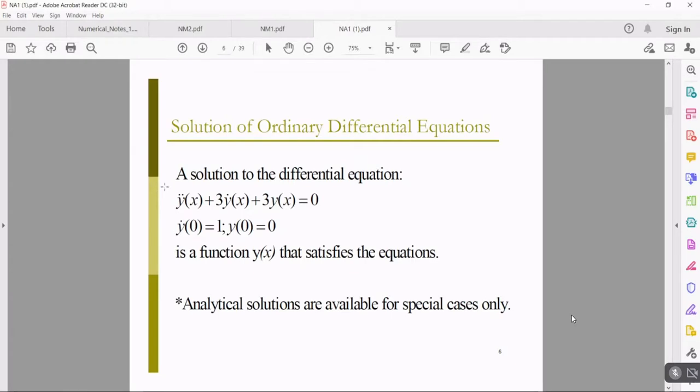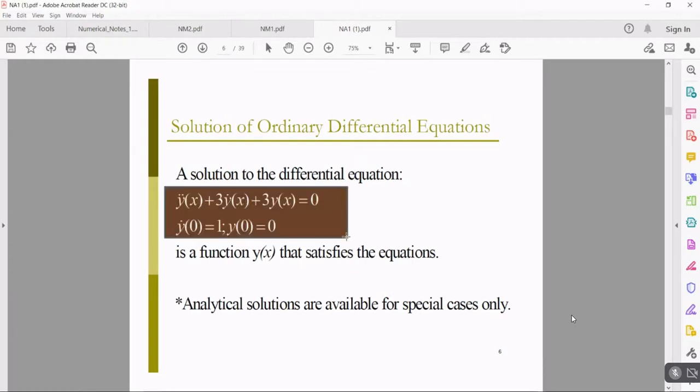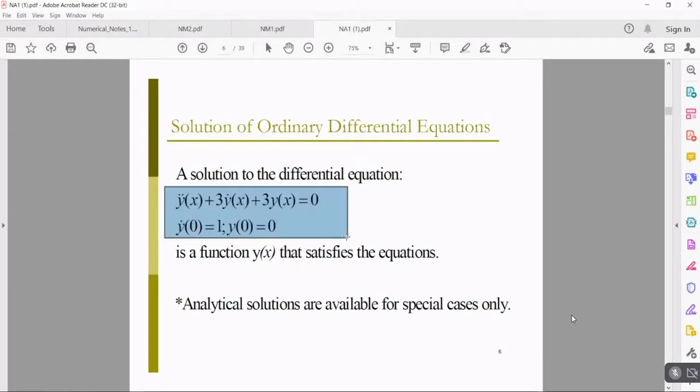This kind of problem you have already dealt with in your second or third semester, where y dot represents differentiation with respect to x, and y double dot is two times differentiation of y with respect to x, with these two initial conditions. So this differential equation you can solve.